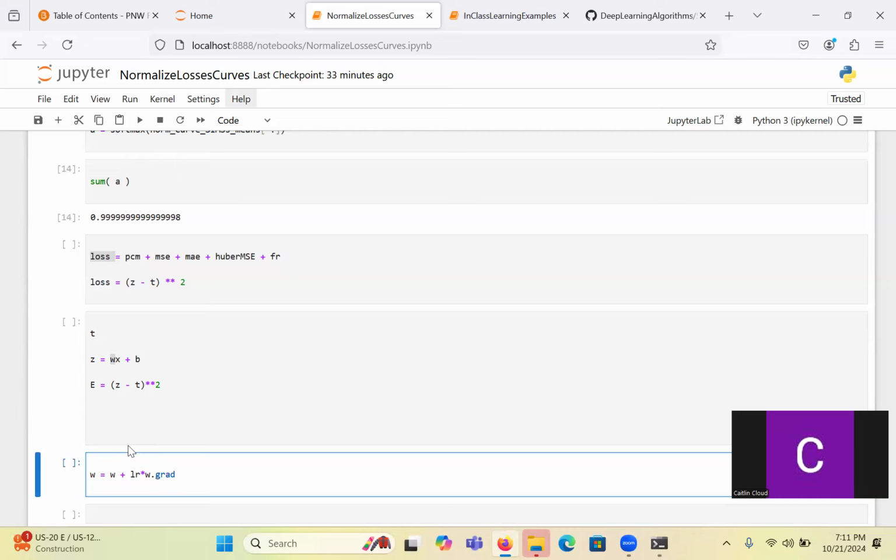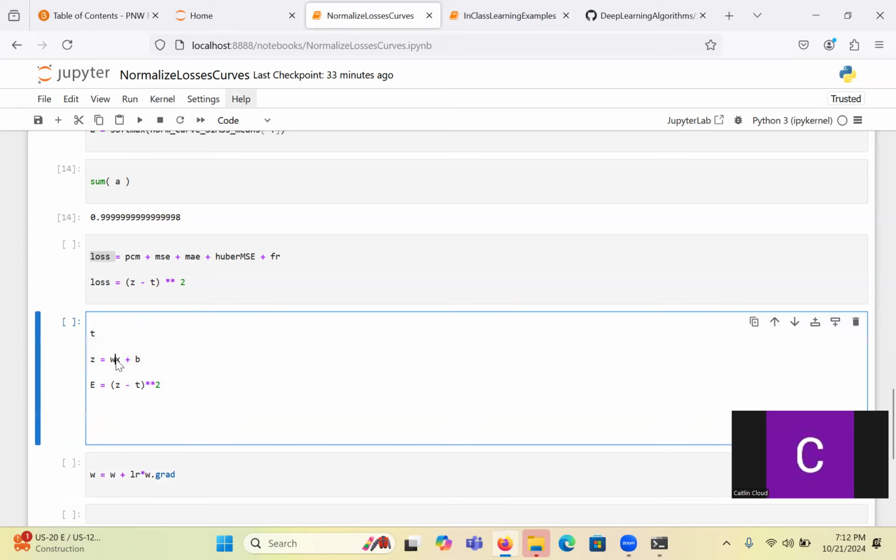You can see the losses come from these functions. These functions are just tying together the real and the predicted, which are tensors and operations. And in there we have the weights, which is the thing that we're trying to change. So we have a computational graph that takes input data and goes in a forward step. At the end is a node called E that is basically Z minus T squared.